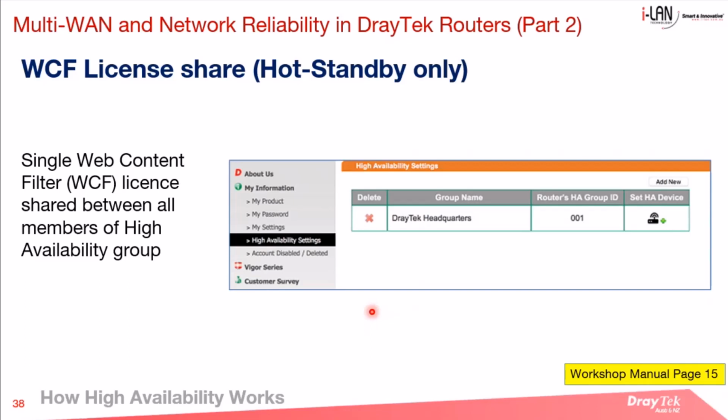But it only works in hot standby mode, not in active standby mode. Usually DrayTek has a web content filter license, so it will also be included in the hot standby mode. Once the primary router goes down, the secondary will still use the web content filter.